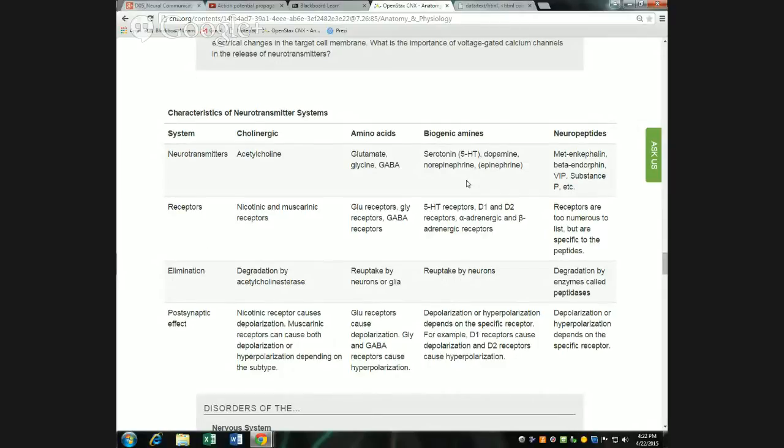I guess I was wondering whether epinephrine, the hormone, would bind to a neuron and then cause that to release norepinephrine. I'm not aware of any situation where that's the case.